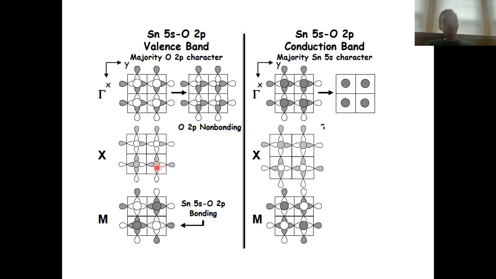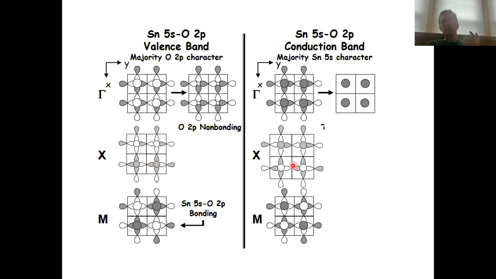So to be precise, I should also say that here at the point chi, for the crystal orbitals that have 2p character, the situation is slightly bonding, okay, while here, for this one, the situation is slightly anti-bonding.